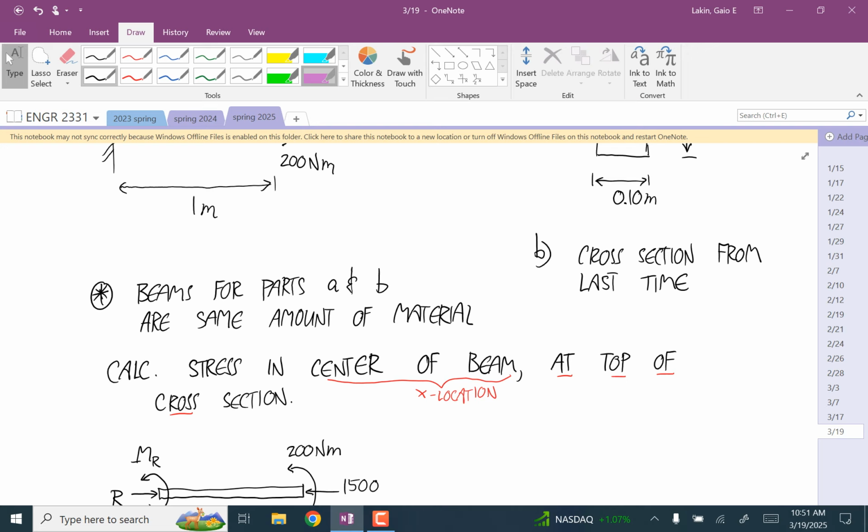But if we did it at the center of the cross section, the y part of the My/I would have been 0. That's exactly right. If y is equal to 0, you're along the neutral axis. And remember, the definition of the neutral axis is that there's no change in length. There's no stretching or compressing of material. And because we have linear stress-strain, if there's no strain, there's no stress. So along the neutral axis, there's no stress due to bending. There's stress due to other stuff, but not bending.